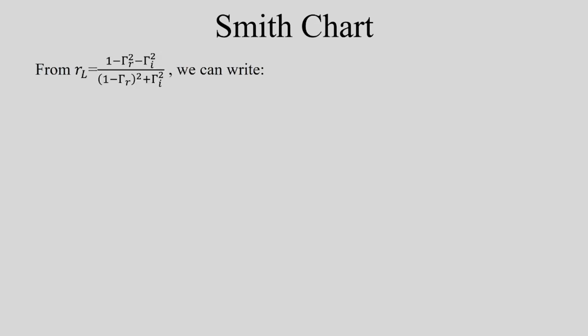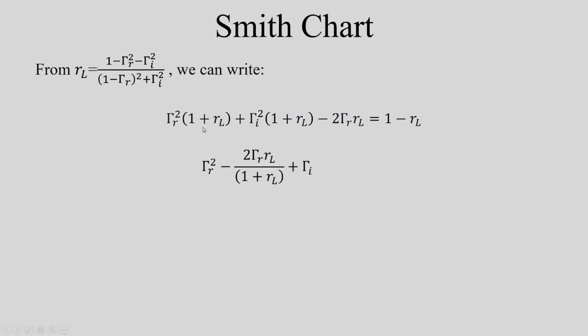So, we take the expression for the normalized resistance, and this equation can be rearranged in this form. Then, if we divide by 1 plus RL throughout, then we can put this equation in the form shown.